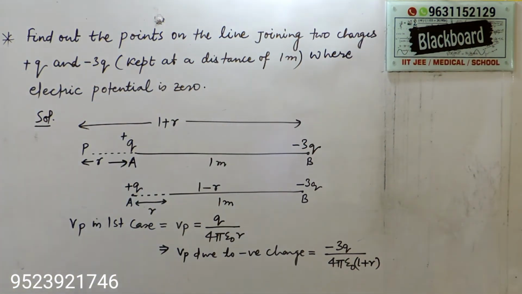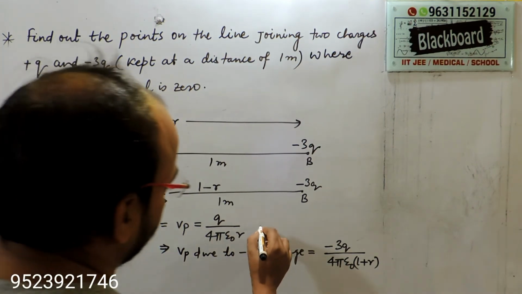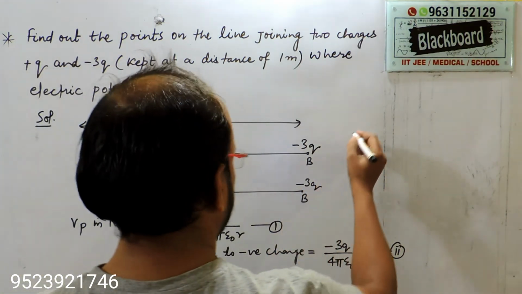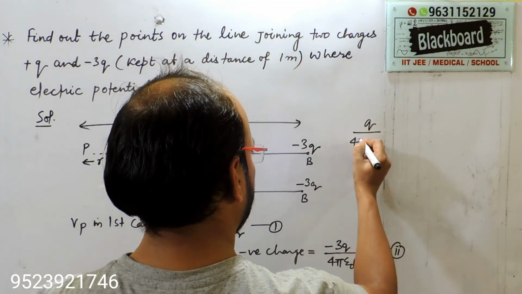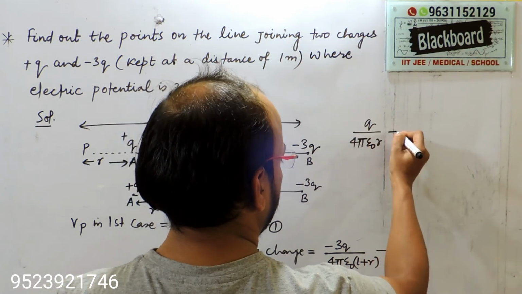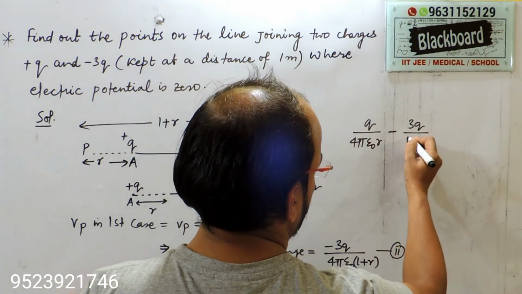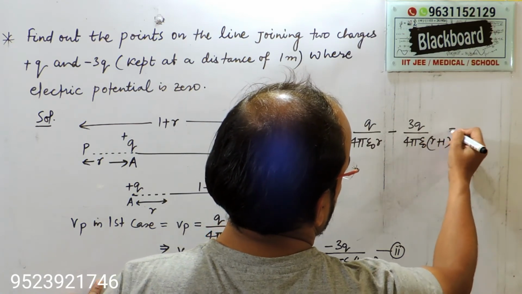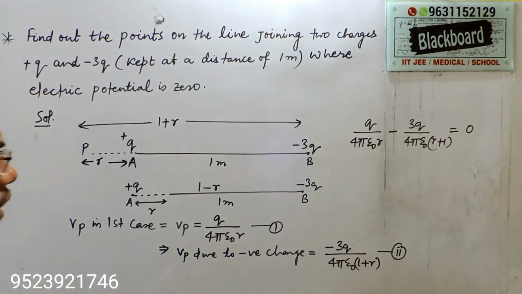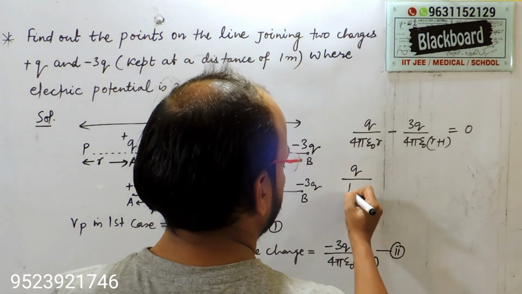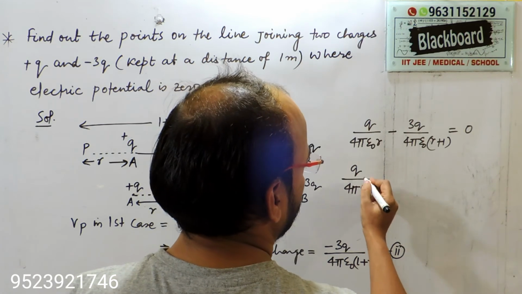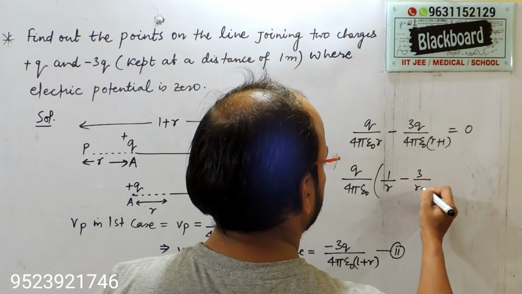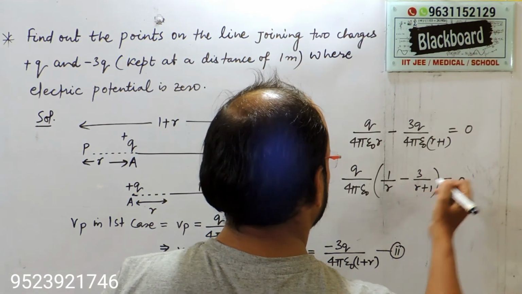That means the sum of potentials is 0, that means equation 1 plus equation 2 sum is 0. That means q by 4 pi epsilon naught r minus 3q by 4 pi epsilon naught into r plus 1 is equal to 0. Taking common 4 pi epsilon naught, we get 1 by r minus 3 by r plus 1 equal to 0.